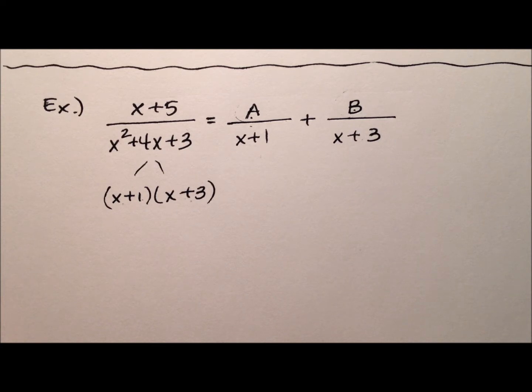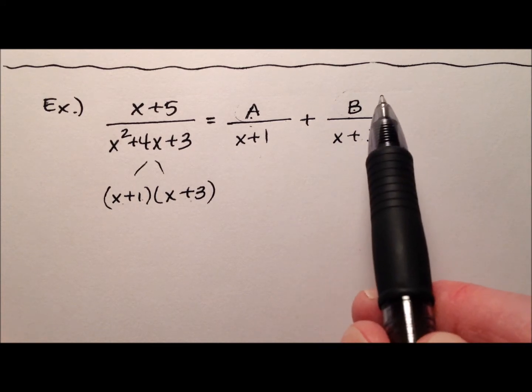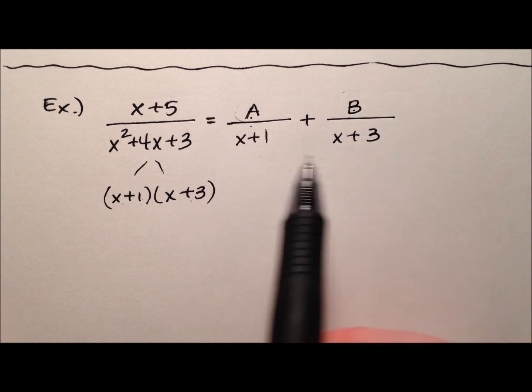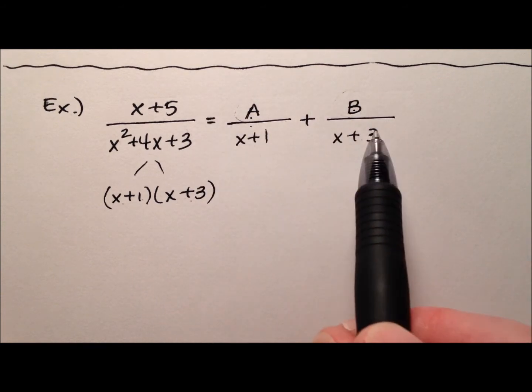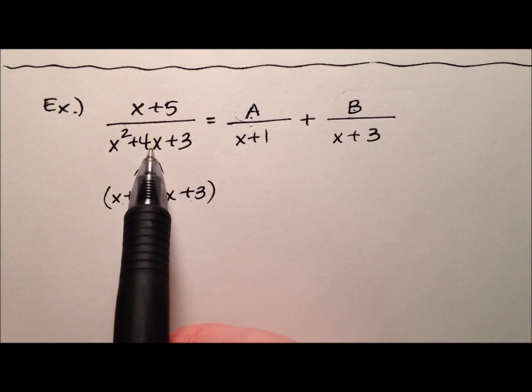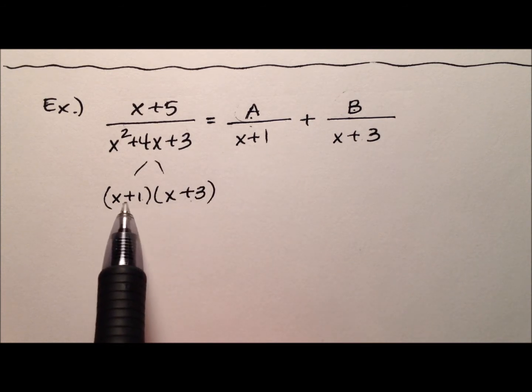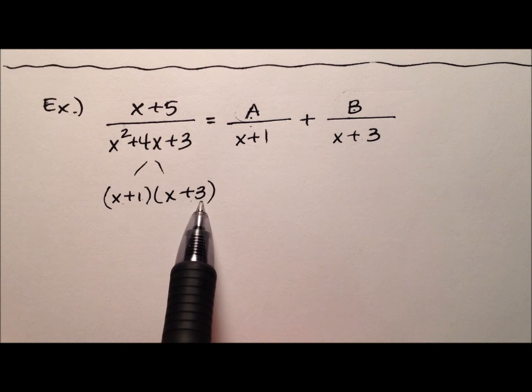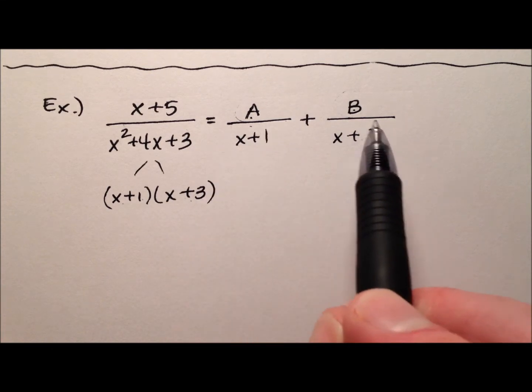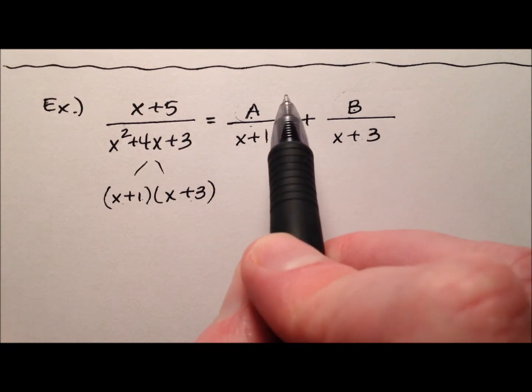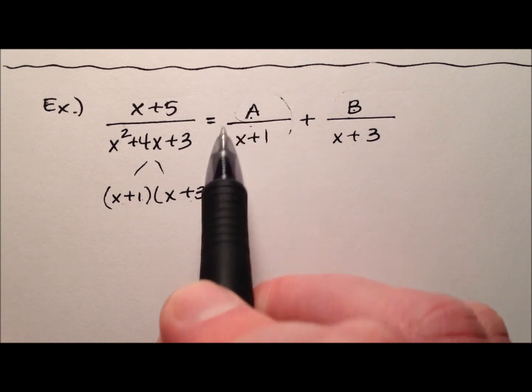So what's the next step? What if I had this and I was trying to get common denominators and turn it into this? I would notice that the common denominator is x plus 1 times x plus 3. Here's the x plus 1, here's the x plus 3. Which factor is this fraction missing?